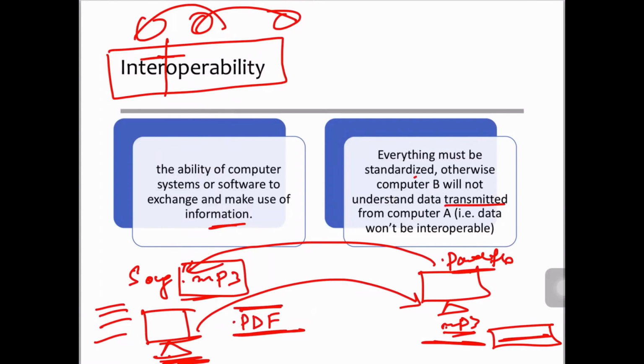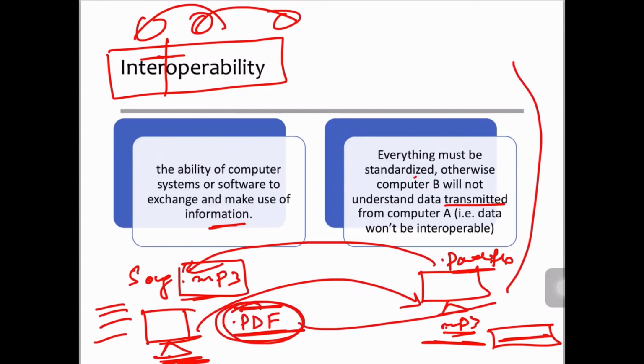So we have saved our data in PDF format, and if we try to open it in Microsoft Word or in any other software, it would not allow us to open, or even if it is open, you will see it's not properly readable over there. What does this mean?